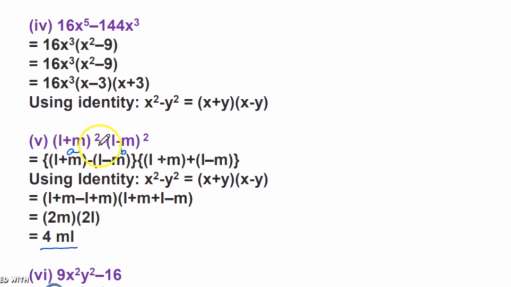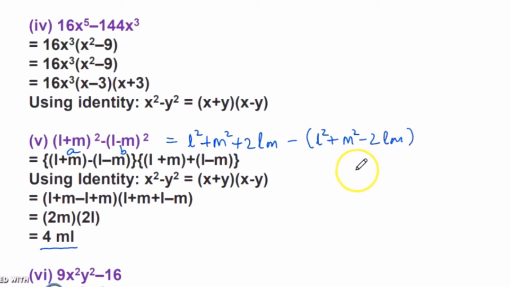Another way can be you can expand L plus m the whole square. So if you're doing by that way, then it will be L square plus m square plus 2lm minus, this is in the bracket, L square plus m square minus 2lm. Like this you will write, that is the first expression, L plus m the whole square I have expanded minus L minus m the whole square I have expanded.